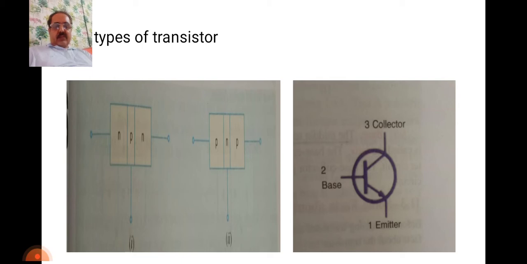One junction is forward biased and the other is reverse biased.